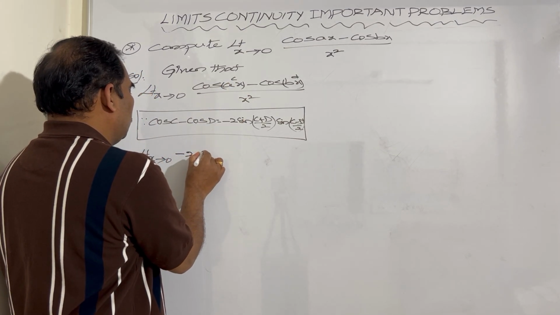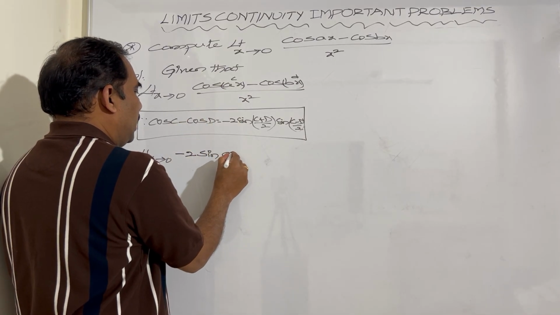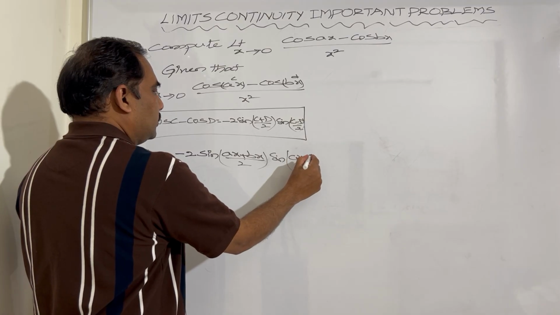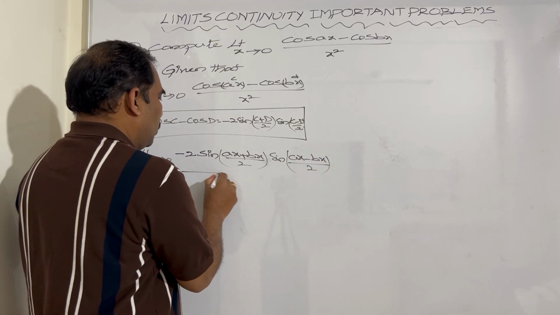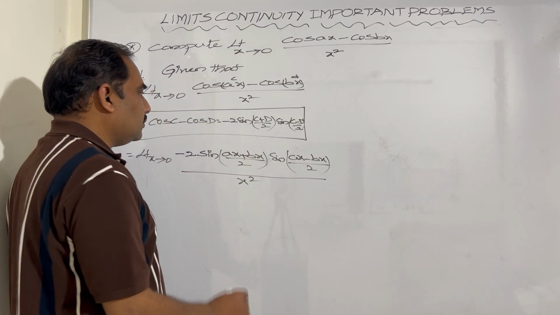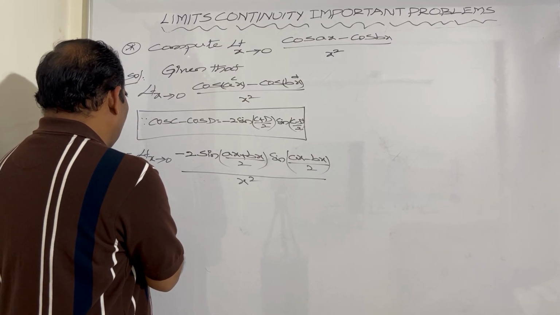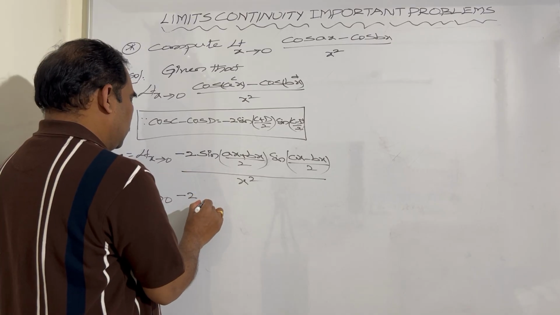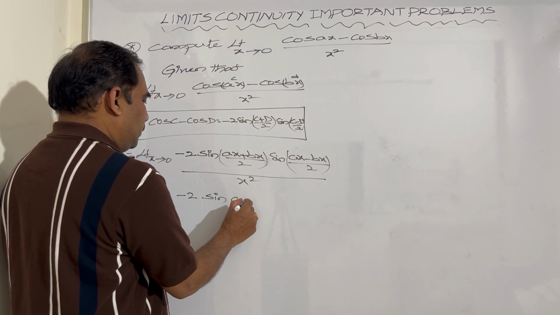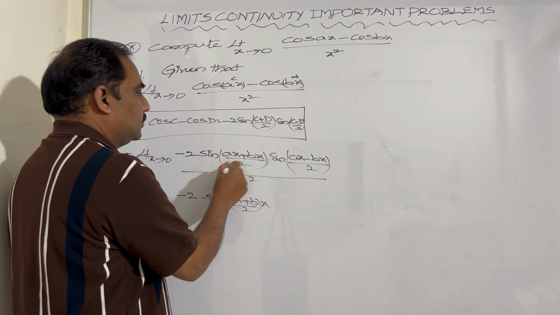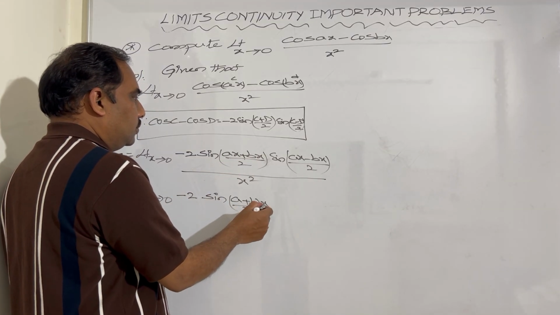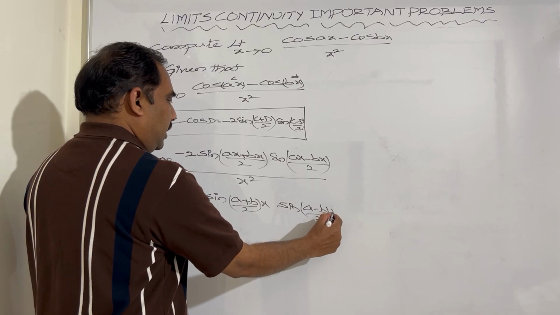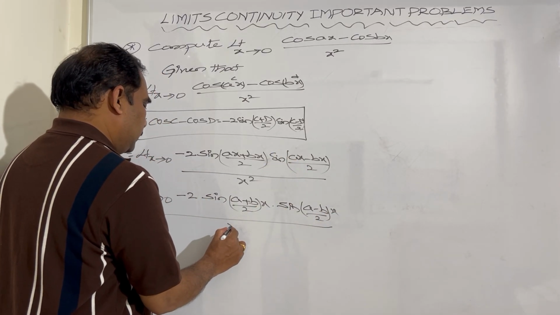That's why here, minus 2 sine of (ax plus bx) by 2 into sine of (ax minus bx) by 2, all divided by x squared. Now this is the limit as x tends to 0 of minus 2 into sine of ((a plus b) by 2) into x, taking x common, into sine of ((a minus b) by 2) into x, divided by x squared.